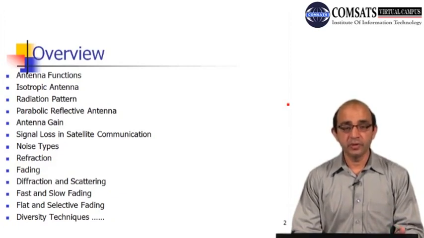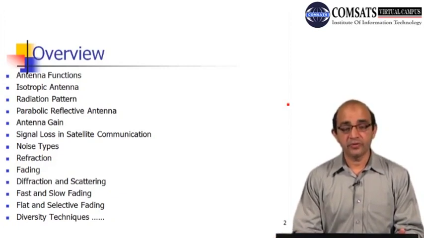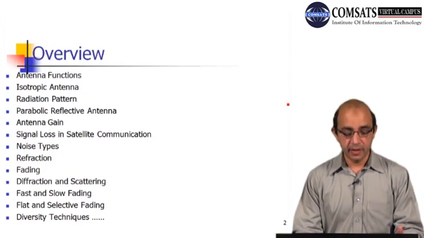We will be talking about those radiation patterns, and then about the parabolic reflective antenna. Antenna gain is an important factor that is also relevant to the antenna design and shape. And then we will talk about the signal loss in satellite communication.